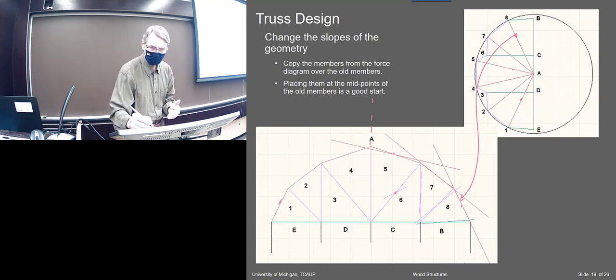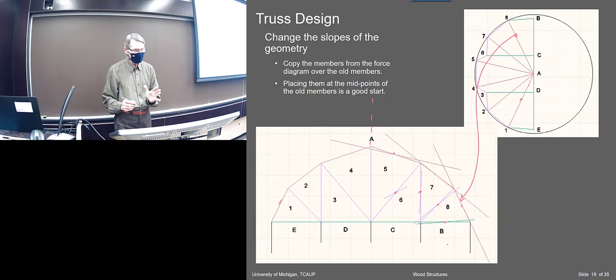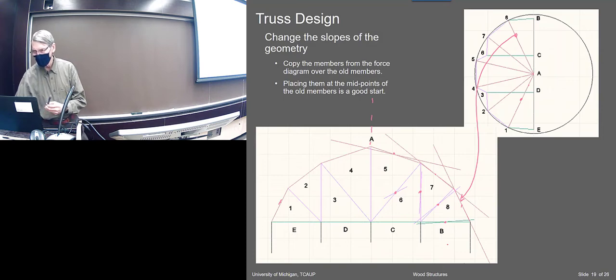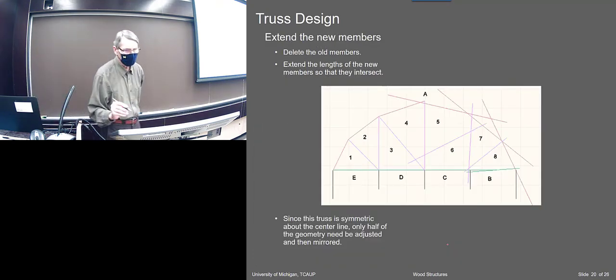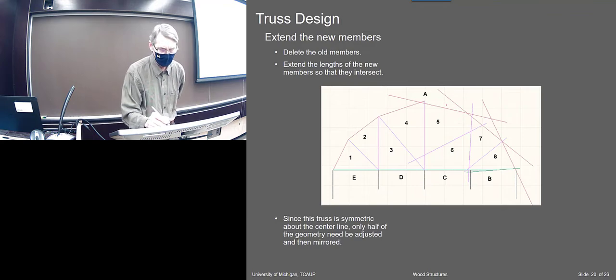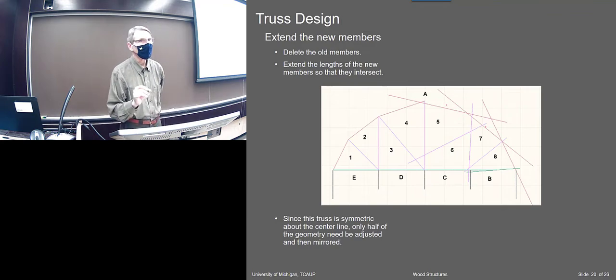So I take each of these and copy them down here, and I just copy them onto the center points. And you can see, okay, they're pretty screwy. They don't line up initially. To make it a little less confusing, I went through and deleted those original members. So all I have are the new members that I copied down from the force diagram.